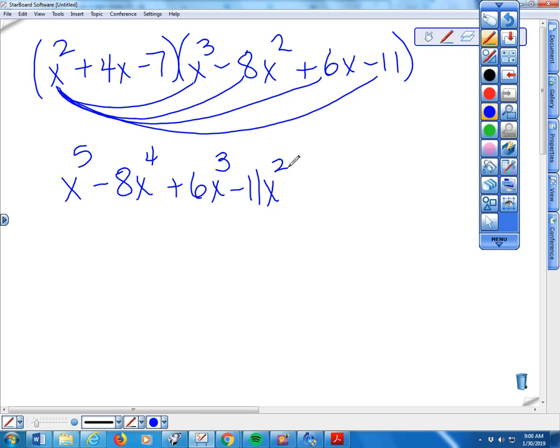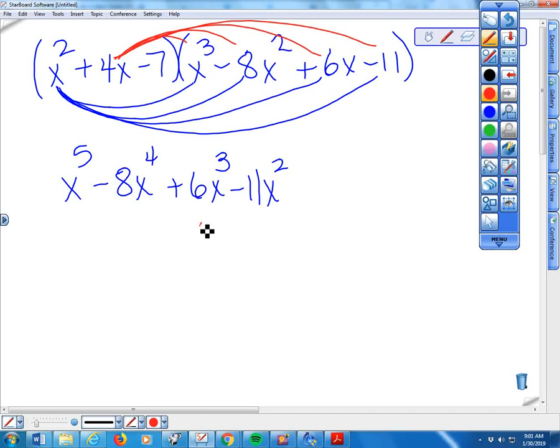Now, we could just go on with the 4x and do the same thing and just carry on the same line. One thing that I do is I will kind of group. So if I'm going to do the 4x now to all the terms, right? So 4x times negative 8x squared, it's going to be an x cubed, right? So I'm going to put it underneath this one.